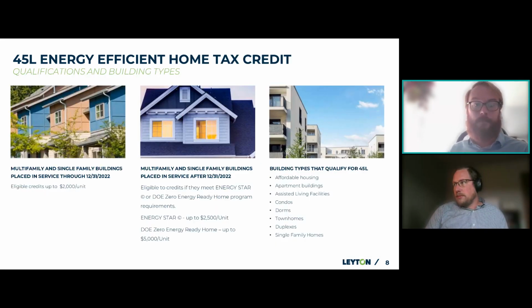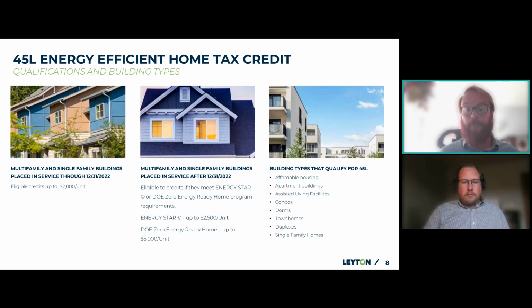But yeah, so some overview for it is before the Inflation Reduction Act in 2022, all buildings that were residential and under 3 stories were eligible for the 45L tax credit at a $2,000 per unit credit.